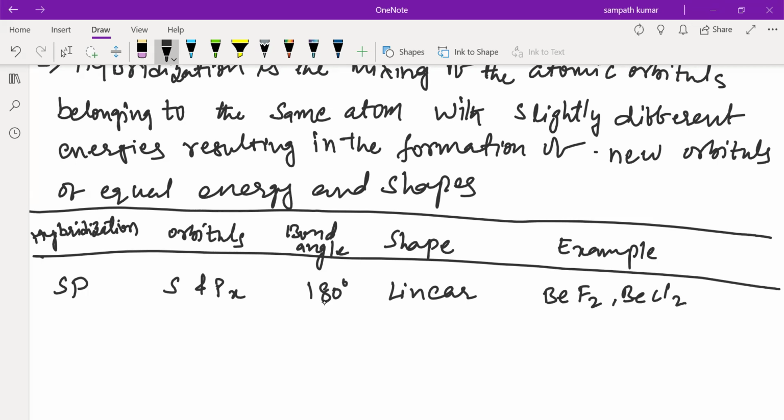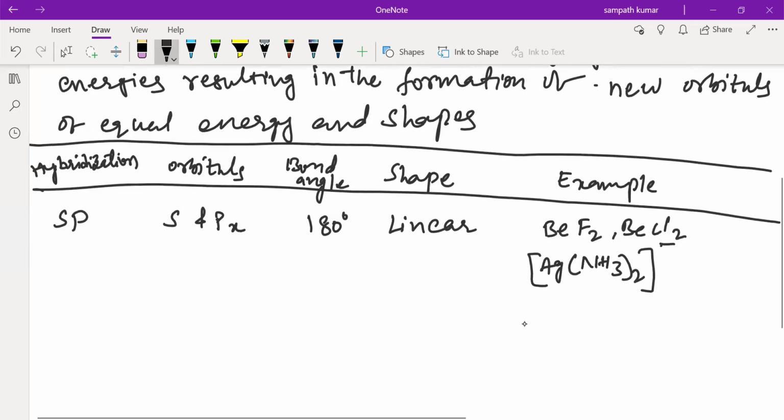Another example is the silver diammine complex, with charge +1. It is also a linear geometry molecule, a coordination compound, and also an sp hybridized molecule.